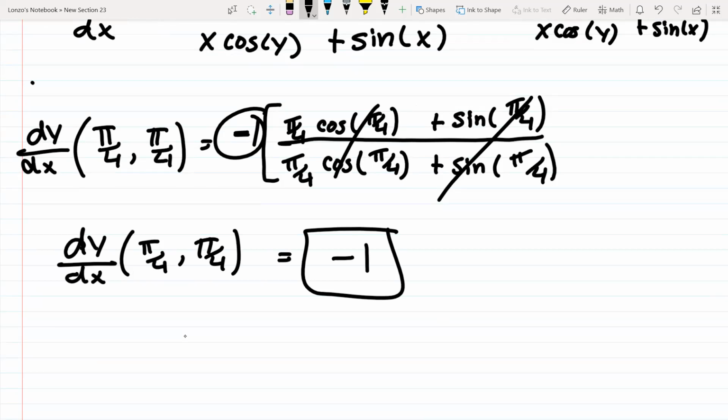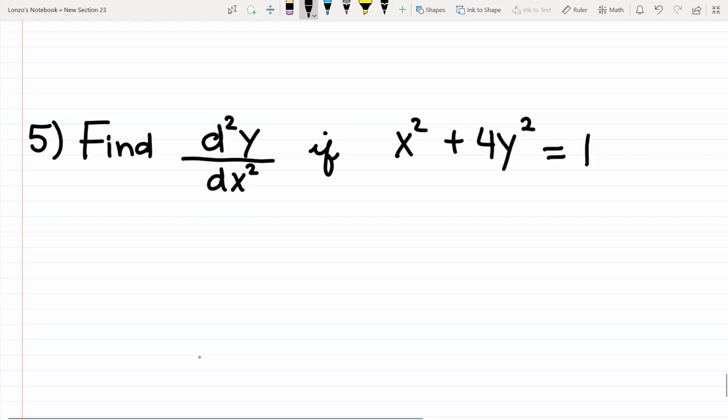Okay, last one. We have to find the second derivative, so we have to find the derivative implicitly twice. We have x squared plus 4y squared equals 1.